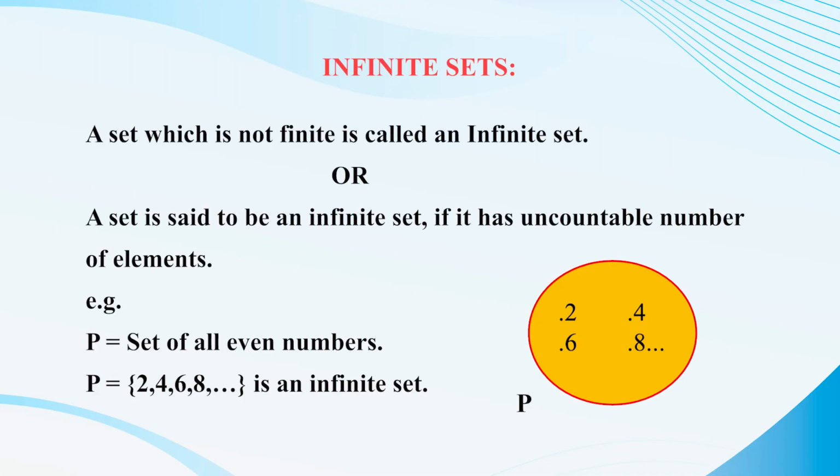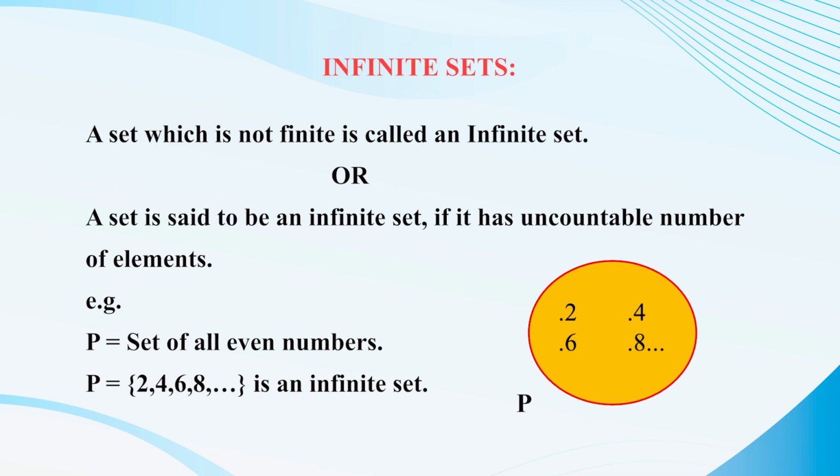Coming to infinite sets, a set which is not finite is called an infinite set, or a set is said to be an infinite set if it has uncountable number of elements. For example, P is a set of even numbers.